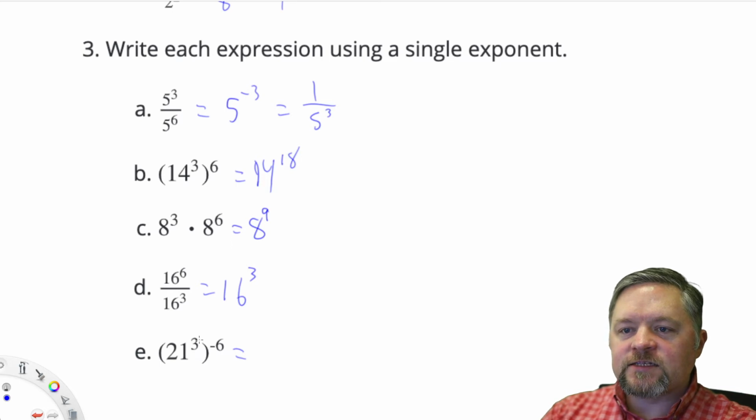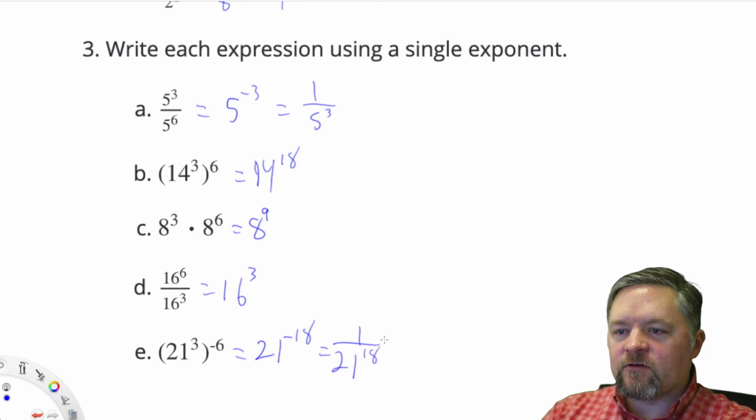We are raising it to a power, so we multiply the exponents. 3 times negative 6 is negative 18. So that's 21 to the power of negative 18, or 1 over 21 to the power of 18.